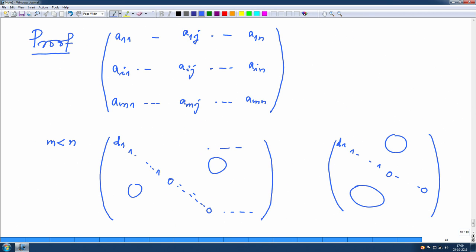So already in Gauss elimination, what did we do? By interchanging rows and columns, we brought a non-zero element here, and then we used that to kill everybody down, and so on.